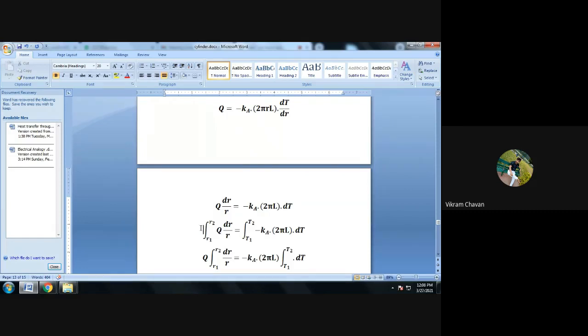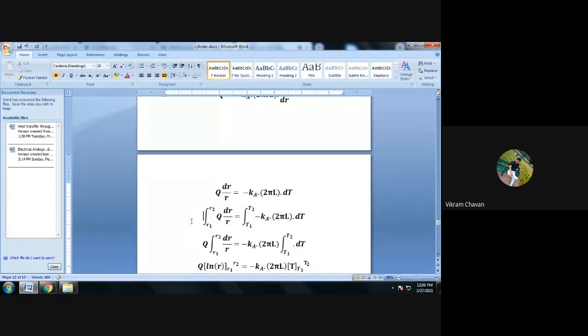On the left side we have taken Q out of the integration, because the integration is with respect to R, so Q is considered a constant, leaving the integration of 1 upon R with respect to dr with limits R1 and R2.